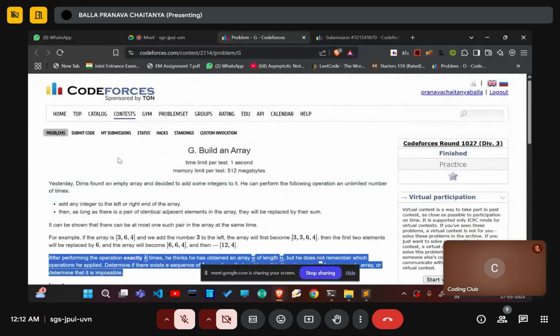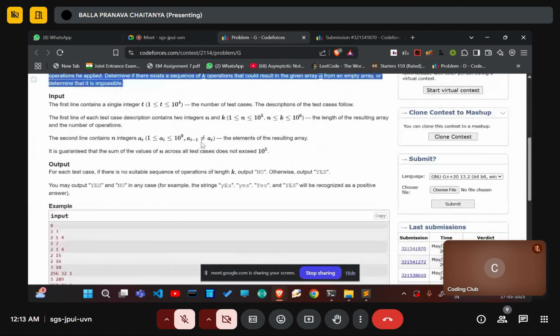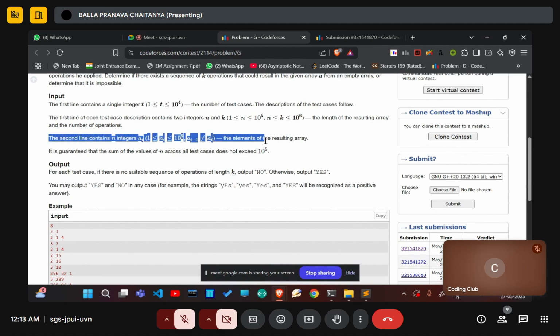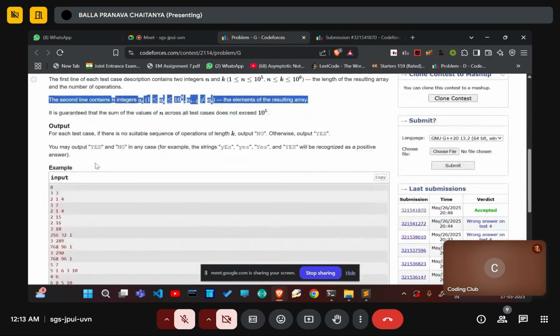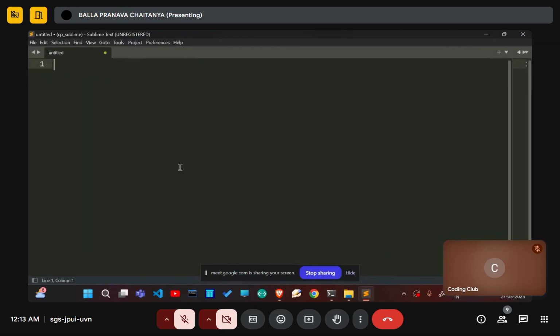So we'll simply add elements to the left or right, and then try to make the array given to us. And this is really important: no adjacent elements in the given array are the same. It's already mentioned in the question, so we don't need to check the condition again. Suppose we have to make 2 1 4.